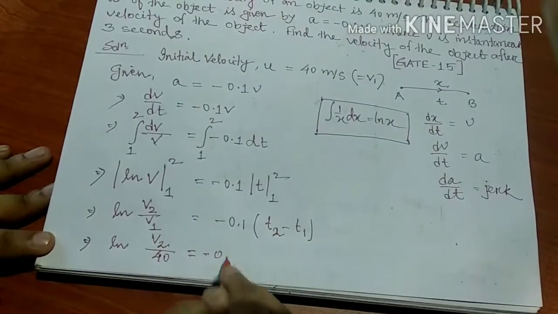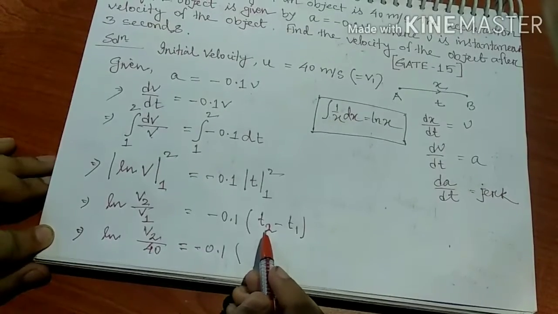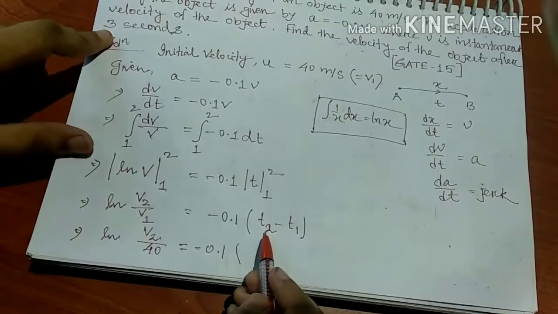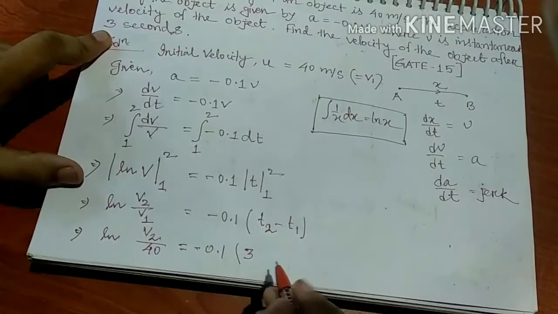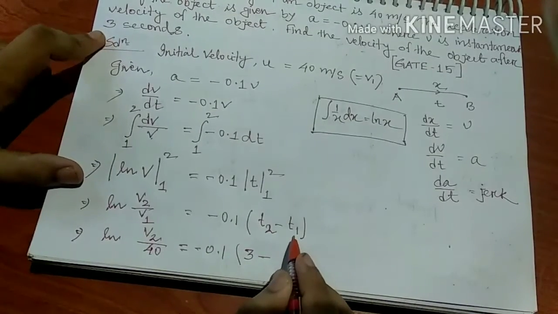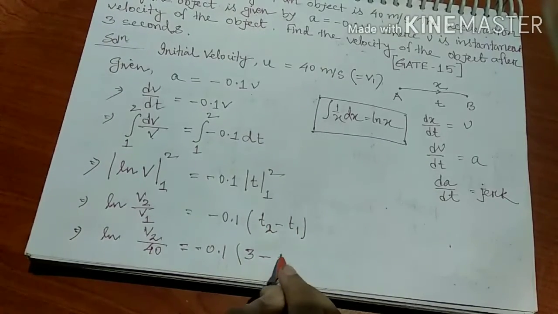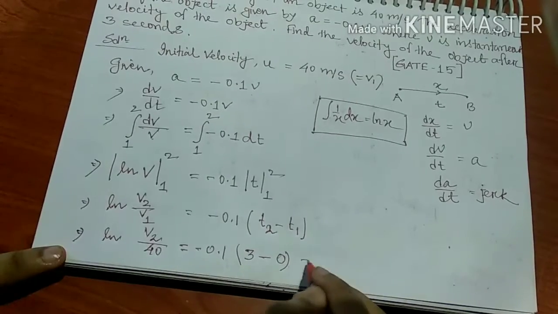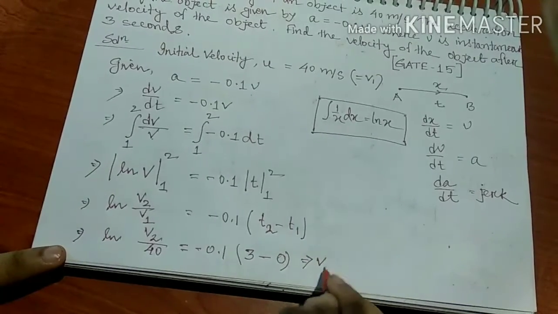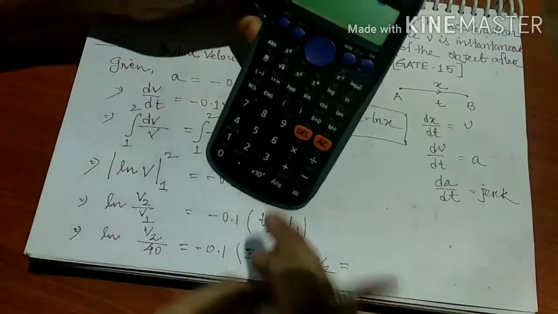And on the right side, minus 0.1. What is t2, the final time, guys? 3 seconds is the final time, because after 3 seconds we are asked to find the velocity. And minus t1, that is the initial time. Initial time is always taken as 0, so 3 minus 0, that is 3 only. If you solve it, let me use my calculator.